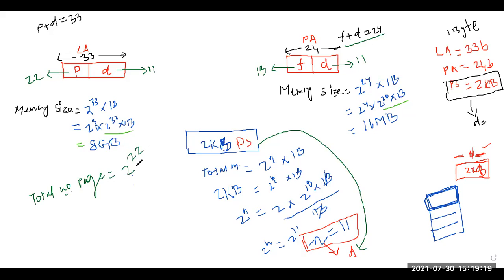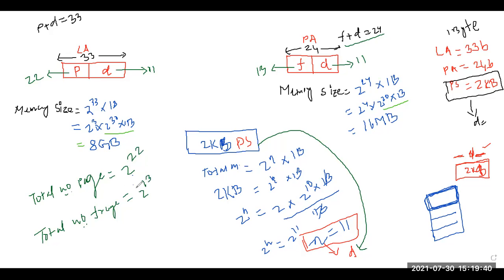Similarly, what is the total number of frames available in primary memory? The total number of frames is 2 to the power of 30.